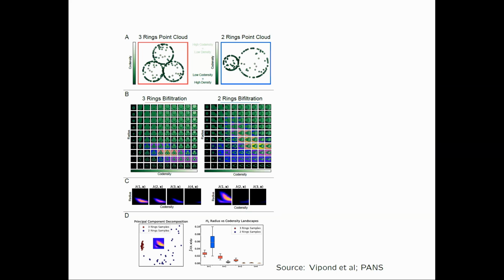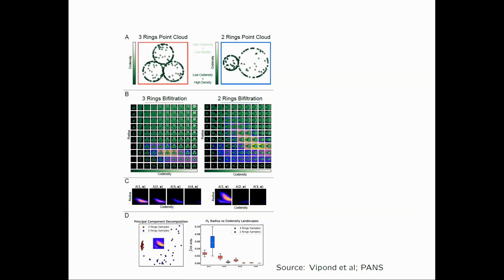And TDA has struggled with this, and the solution, one of the solutions anyway, is to say, well, actually, I look at two filtrations. One is my epsilon growing and growing, but then the other one tells me which points I'm going to include, and it's really the density of the points.